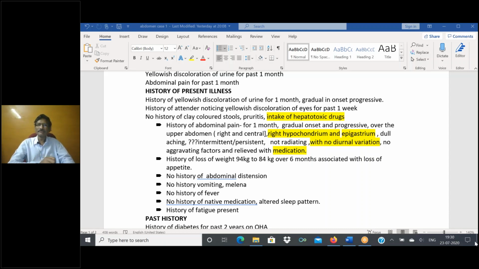Jaundice, abdominal pain for one month. Will I think about any infection outside hepatotropic infection, outside hepatitis A or hepatitis B? Will I think of any other hepatic infections? CMV, good. Anything else? EBV, okay.